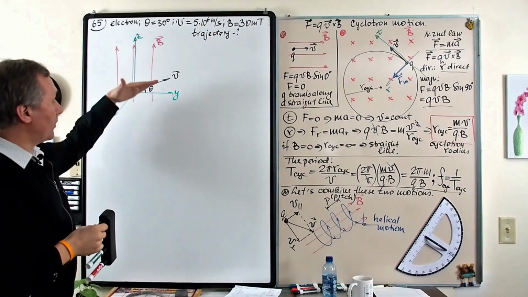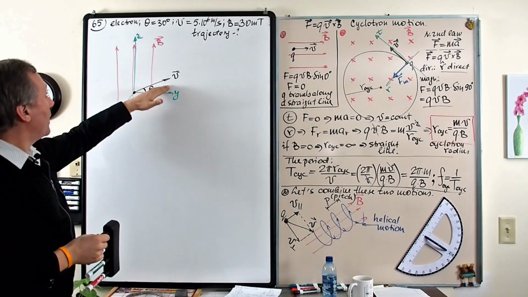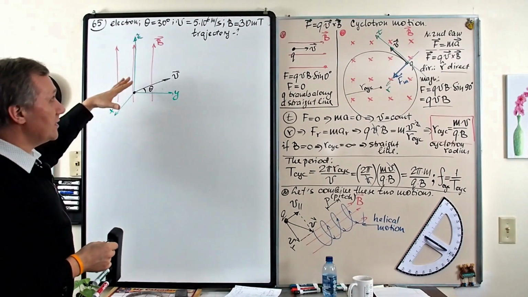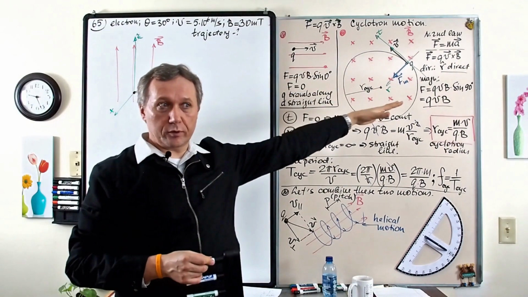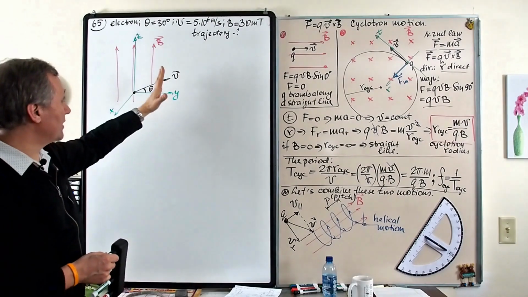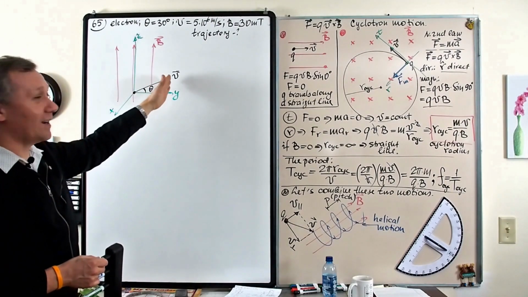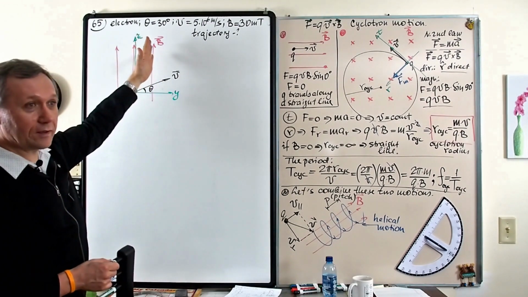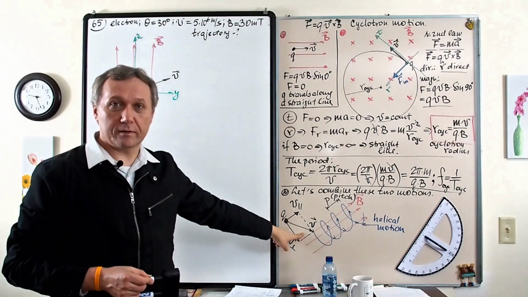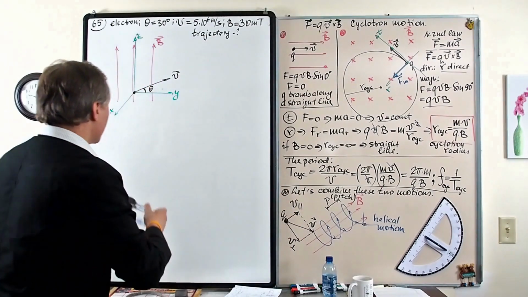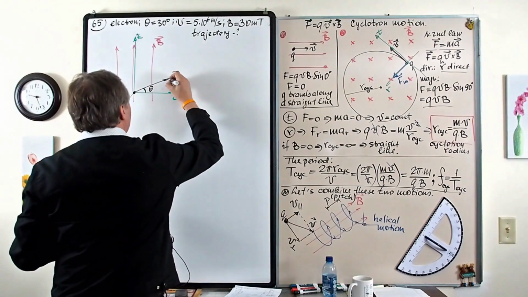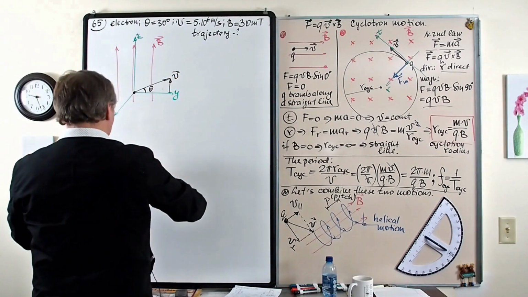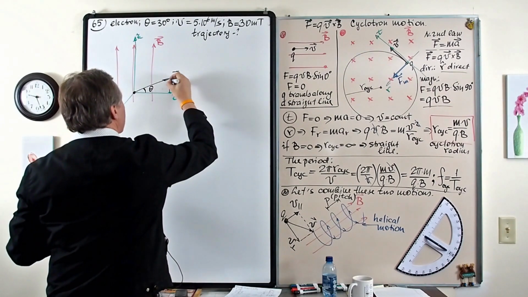So we have a particle entering the field at this angle, right? And it's neither parallel nor perpendicular. But we can easily decompose this velocity and find components along the magnetic field line and perpendicular, like we've done here, right? Let me use blue because these velocities are so important.